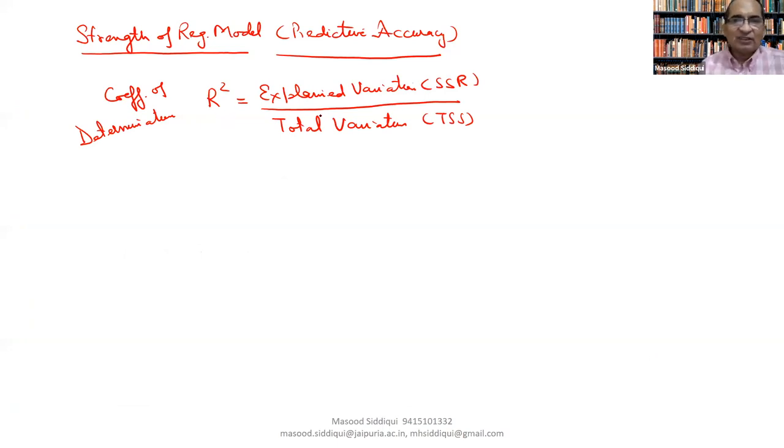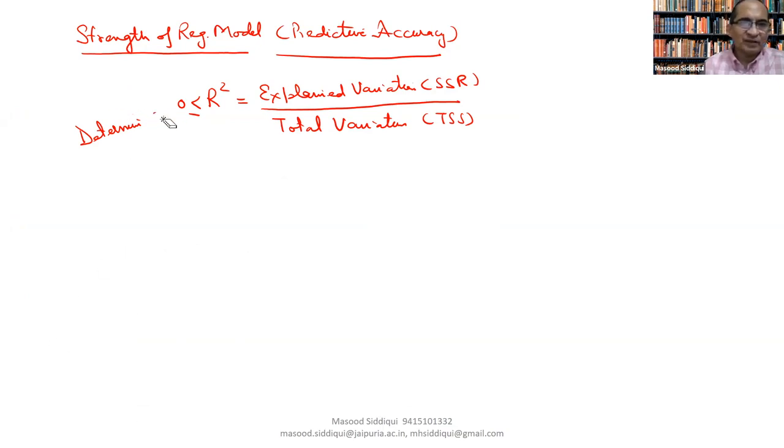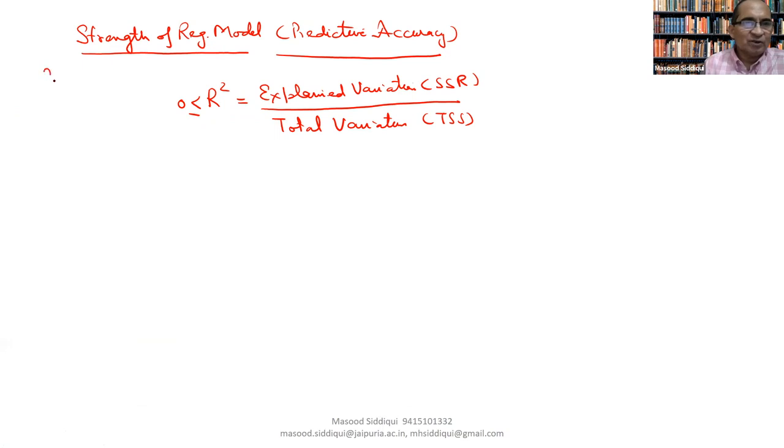Now this R square is the ratio of sum of square or variance, so it can never be negative. It should be greater than or equal to 0. This is known as the coefficient of determination.